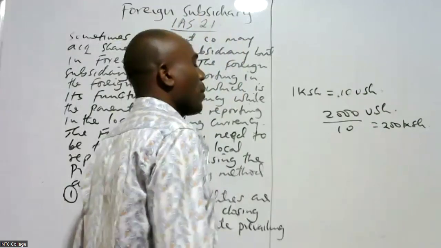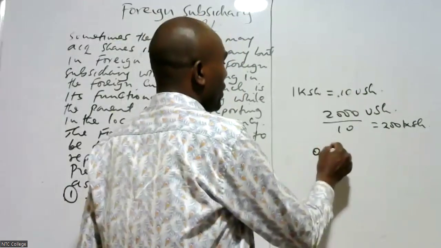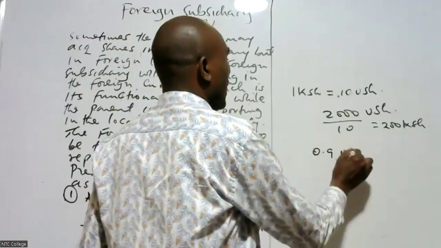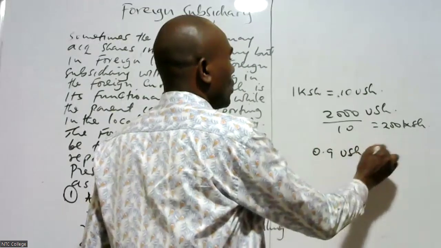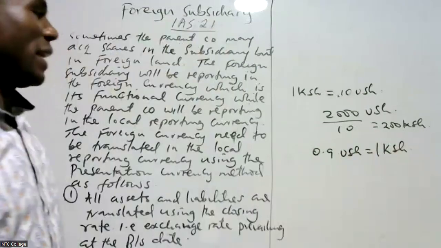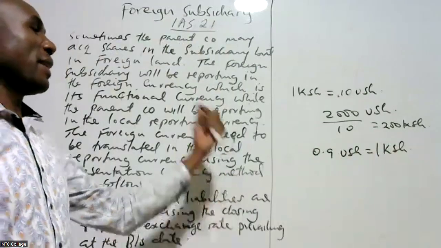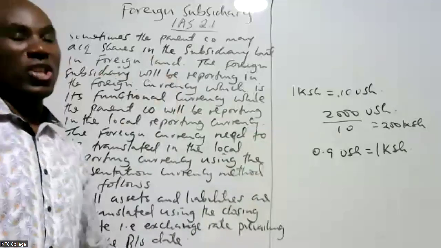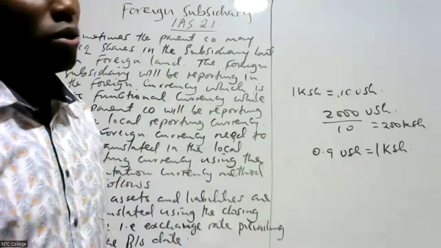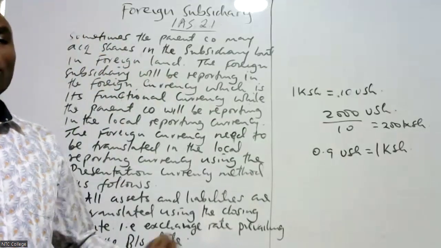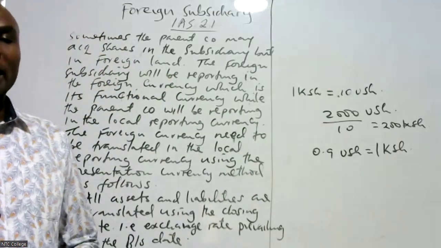Or like, for example, I say 0.9 Uganda shillings equals 1 Kenya shilling. Which one is strong? Which one is weak? I want us to understand this concept clearly.